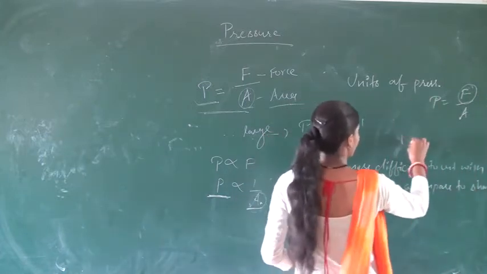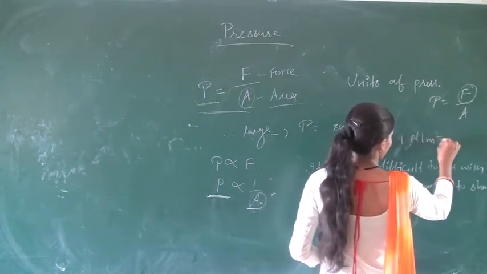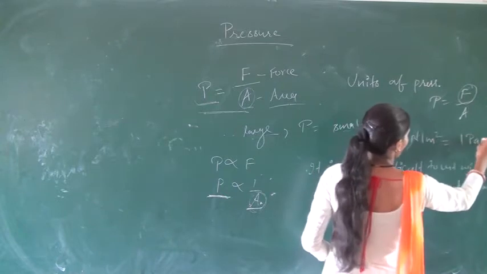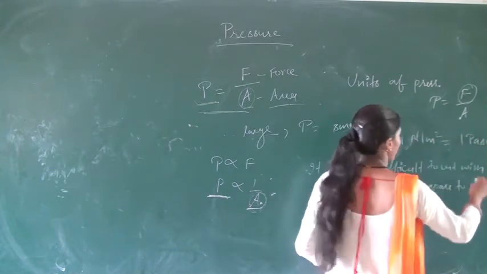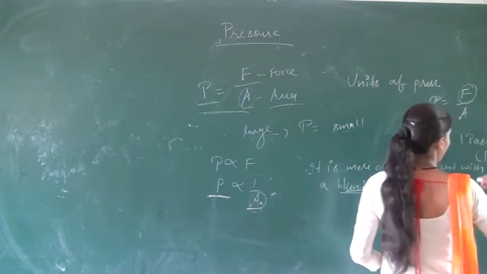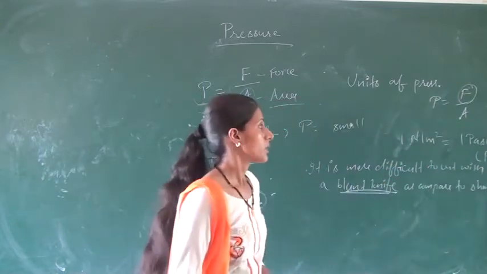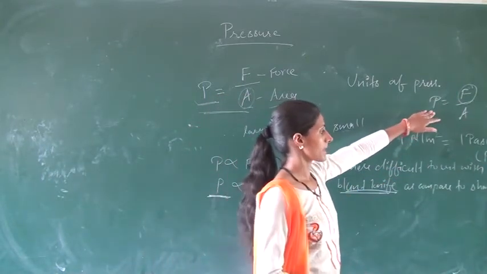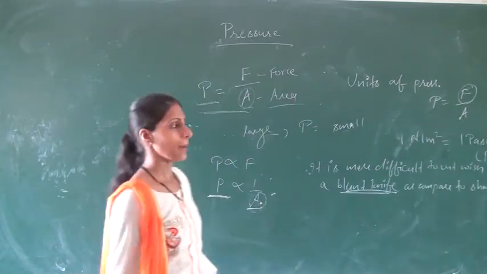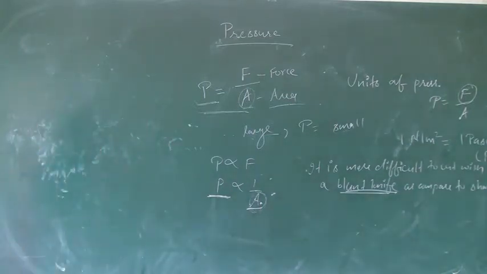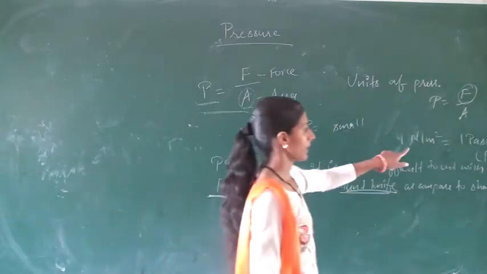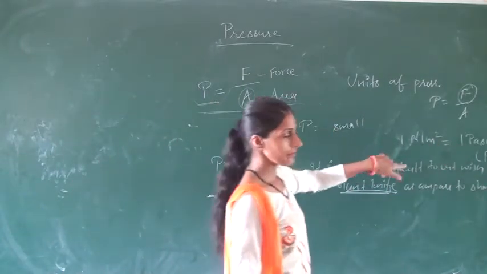So, 1 Newton per meter square is equal to 1 Pascal. Pascal is denoted by Pa. So, the SI unit of pressure is Pascal. And 1 Pascal is equal to 1 Newton per meter square.